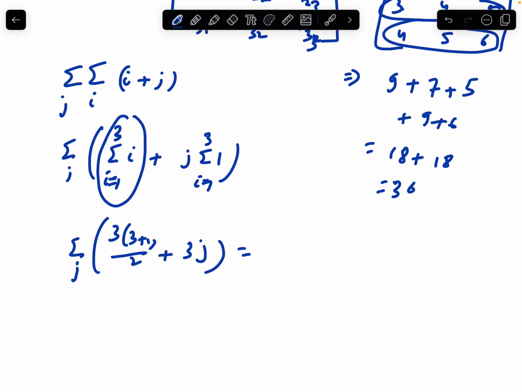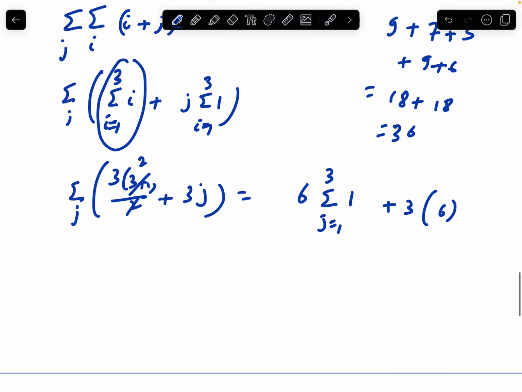Now the sum over j: 6 times j from 1 to 3 gives 6 times 6.